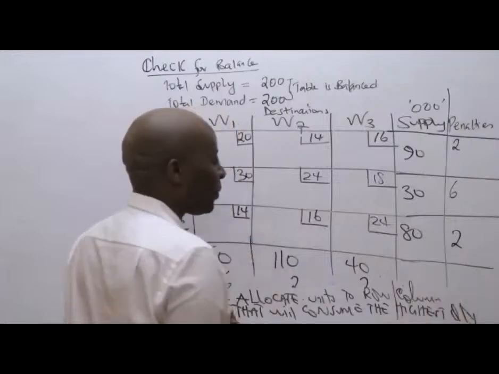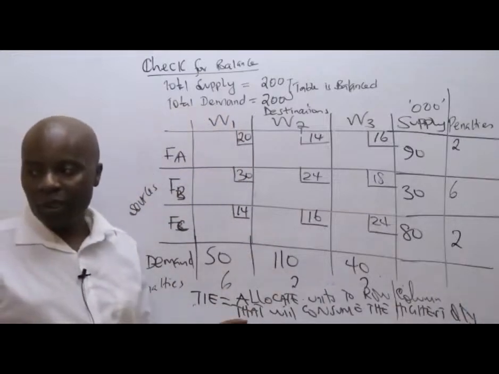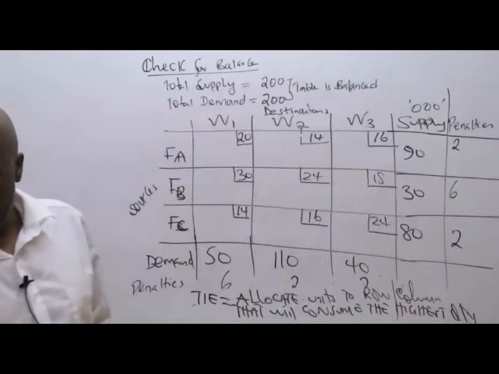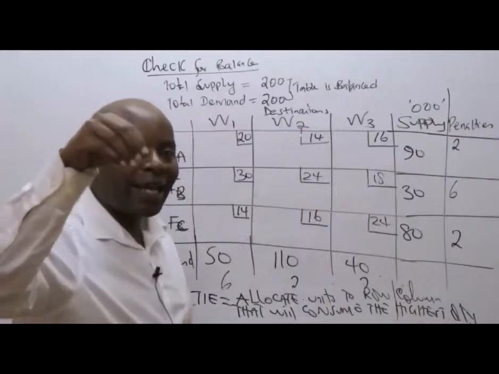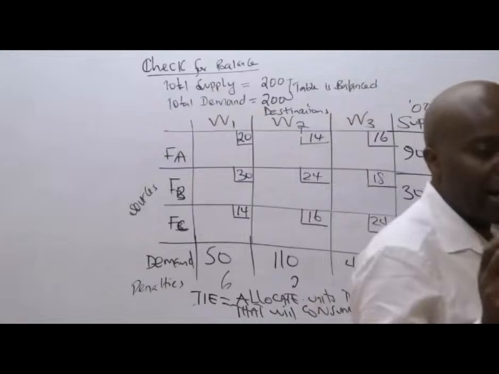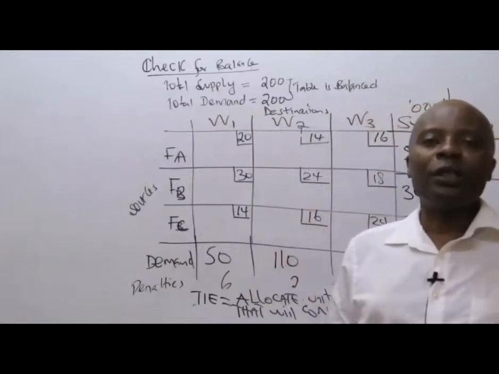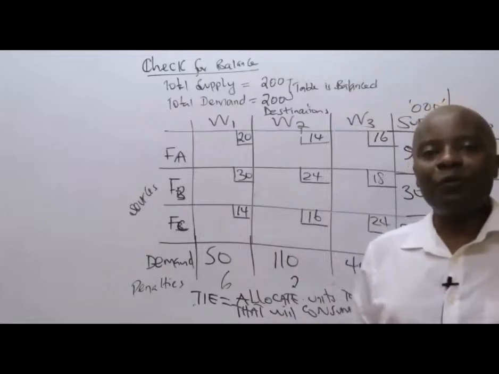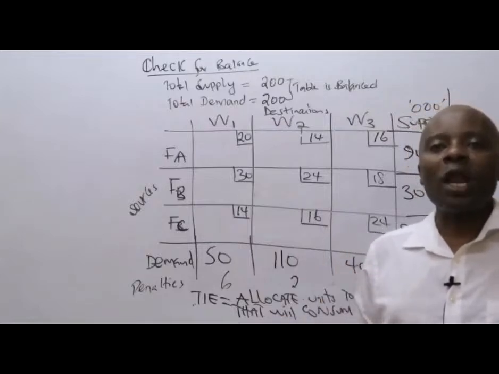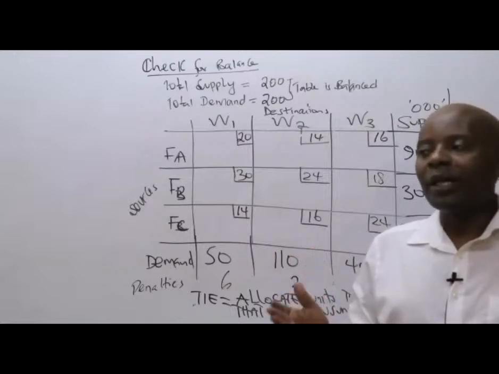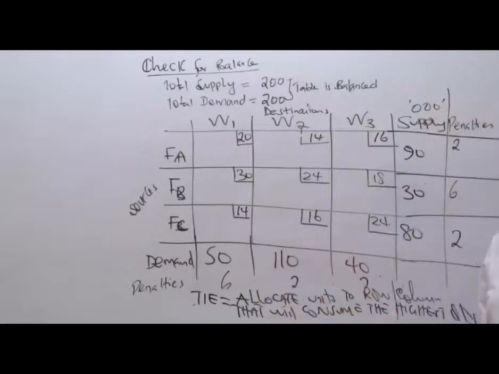Please write these small notes as we get along. So whenever there is a tie between the highest penalties, the row or column that will prevail is the one that will be able to absorb the highest number of units.